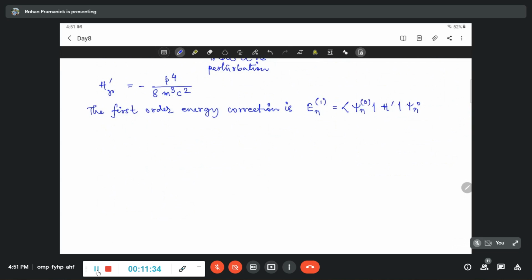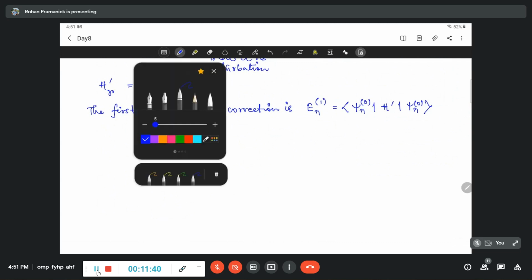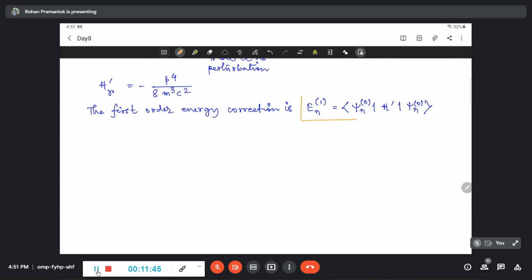So these zeros in the superscript denote the unperturbed state. Okay, so let's make it a box. We will use this again and again.